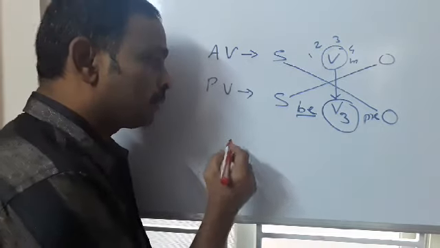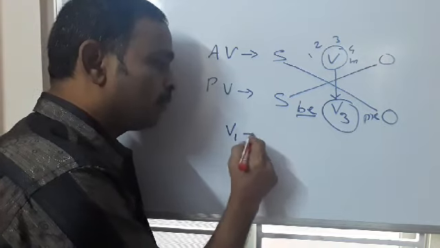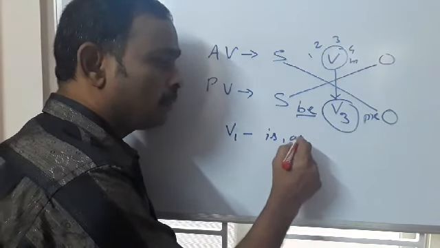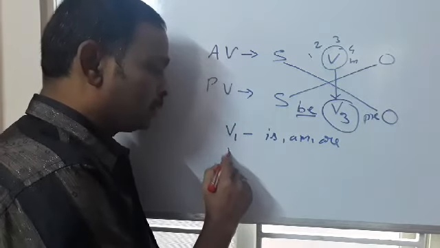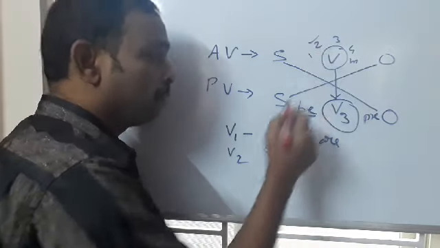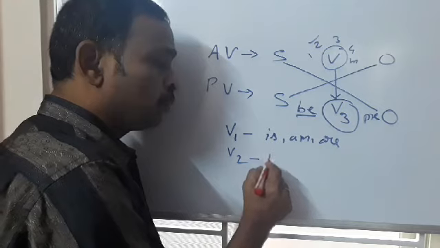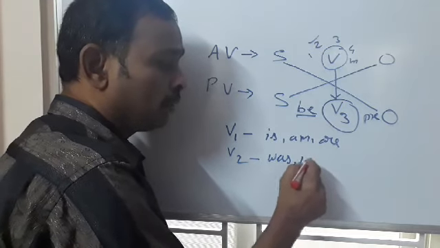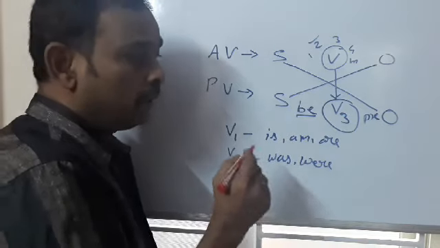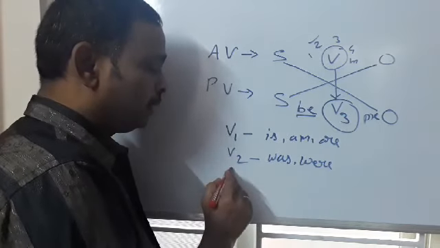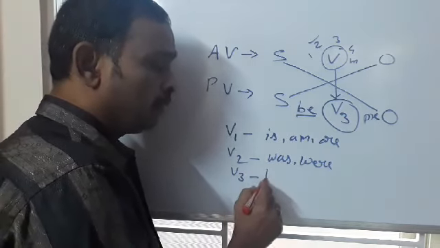See here, suppose verb 1 is there, we use is, am, are. Suppose verb 2 is there, we use was and were. Suppose verb 3 is there, we use been.